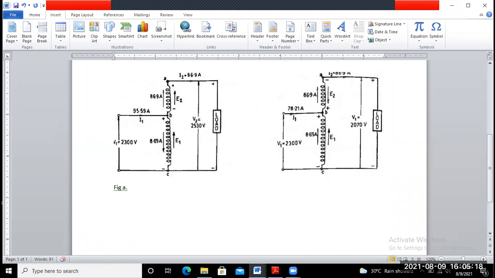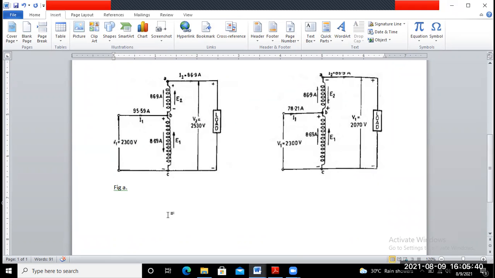Okay, so the output voltage is how much? The output voltage is the summation of these two voltages, is it not? That means from minus to plus and again minus to plus. So this is the series adding of the two voltage sources. That means 230 volt plus 230 volt.